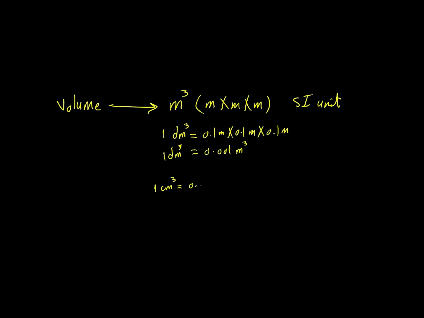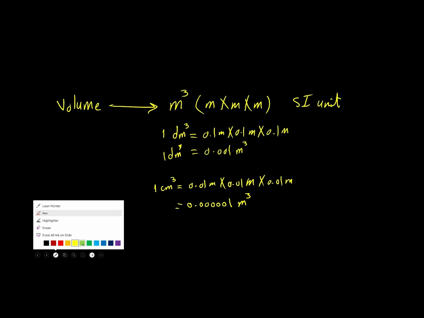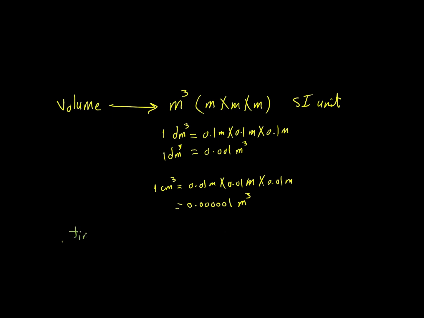It is equal to 0.01 meter times 0.01 meter times 0.01 meter. So 1 cubic centimeter is equal to 0.000001 cubic meter.